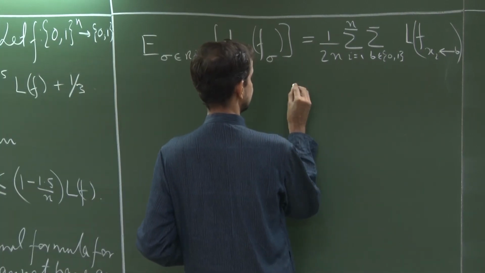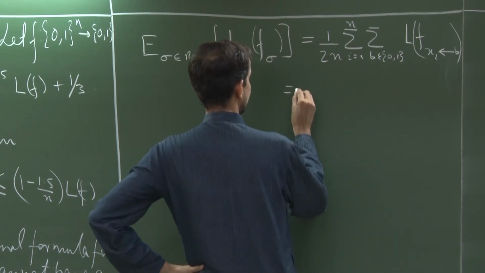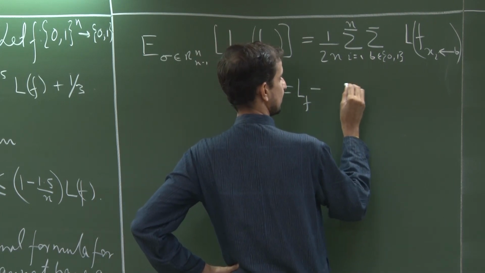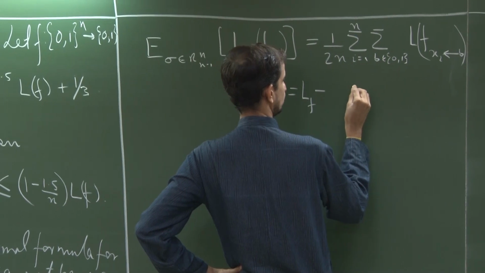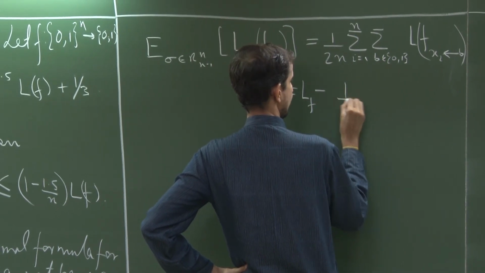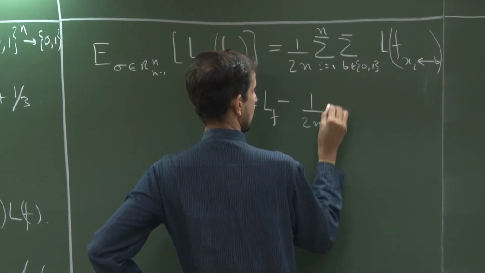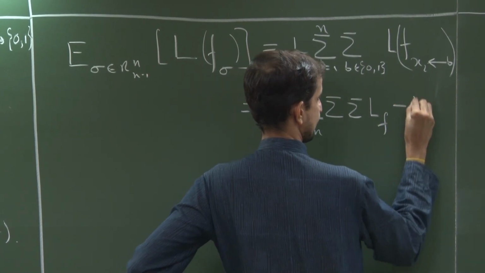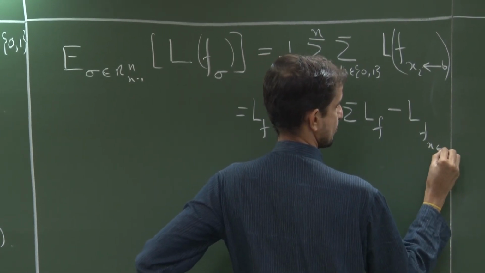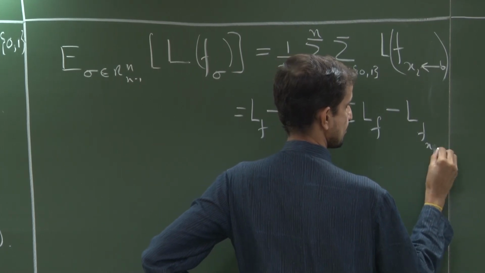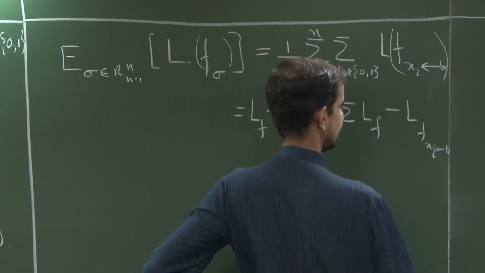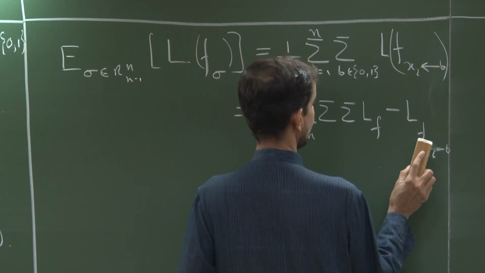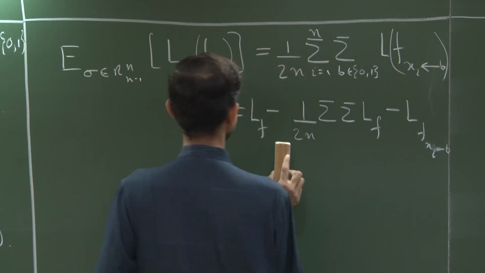So, now I can rewrite this as L of f minus, where xi is assigned the value b.